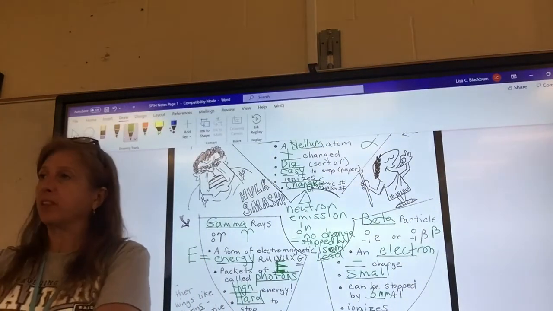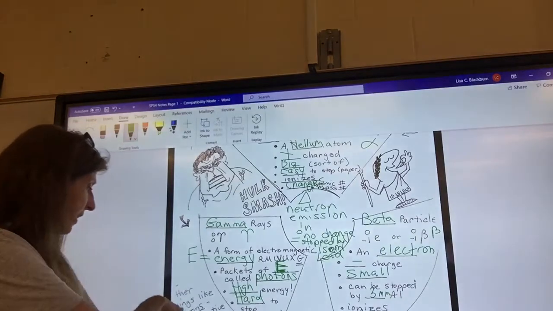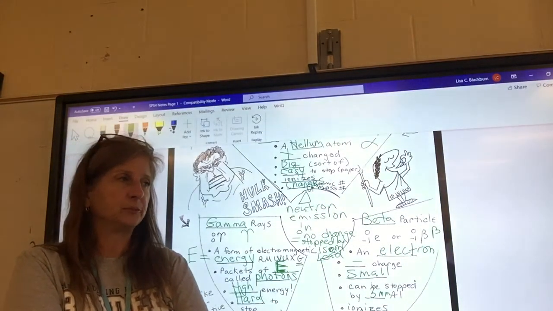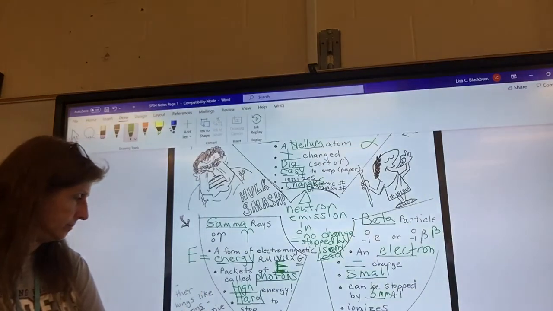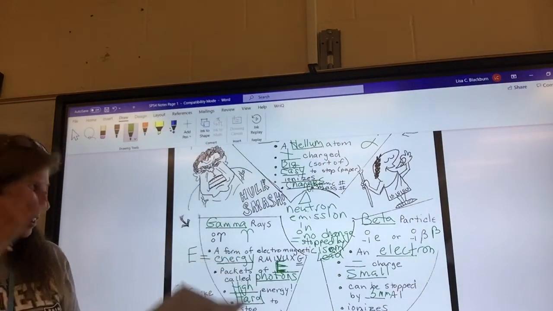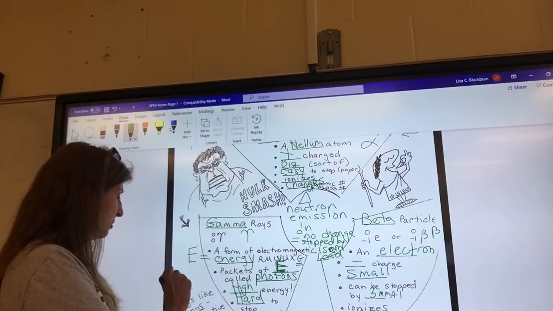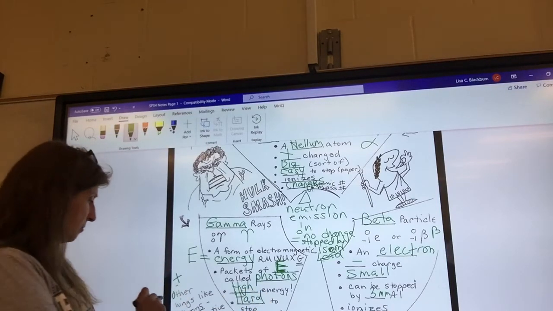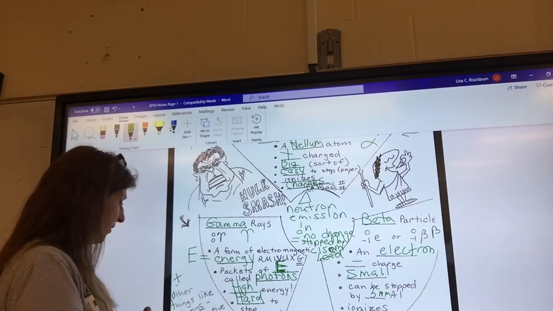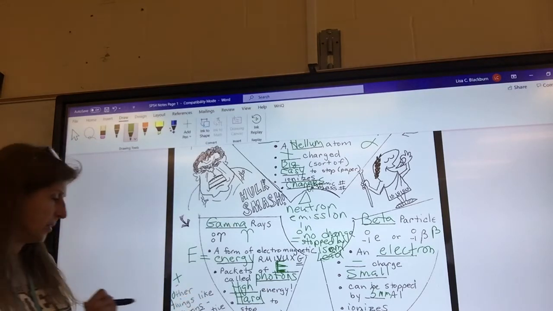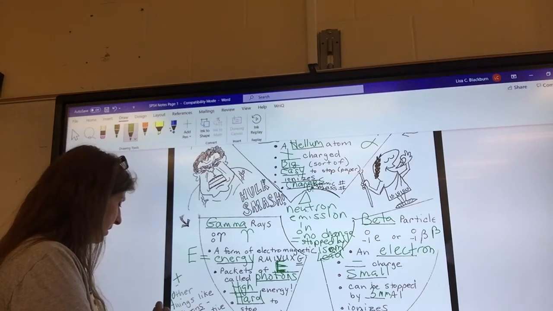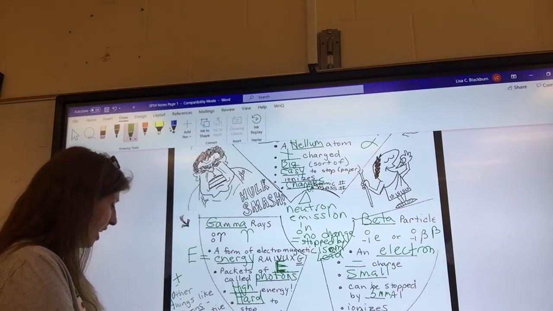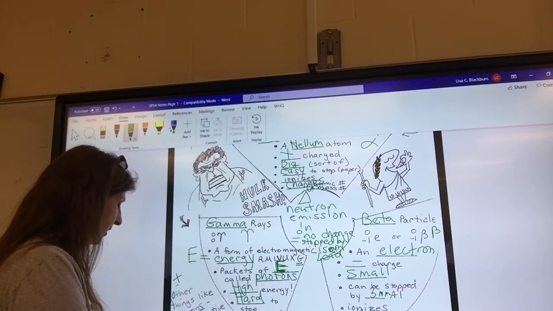Okay, we're still not through with this page. We got a couple of other things right over here in the corner. There's a plus sign. It says plus other things. Like there's something called positrons, and they are like a positive electron.